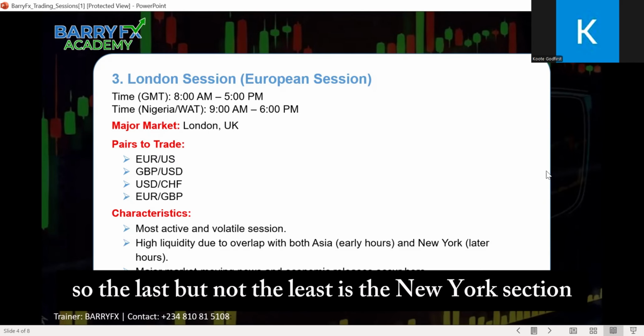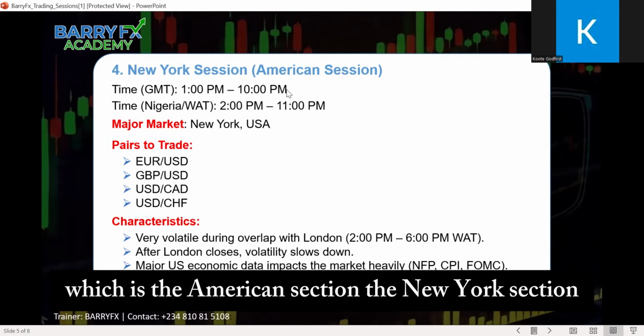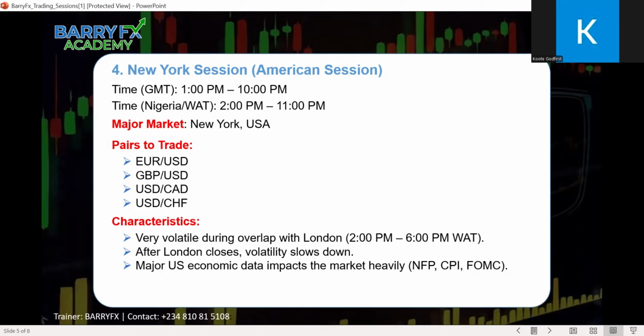So last but not the least is the New York session, which is the American session. The New York session mainly starts by 2 p.m. Nigerian time to 11 p.m. in the night.